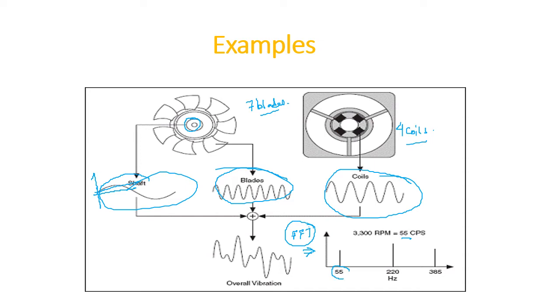So at 55 CPS we are getting one peak. This is 1x. Now this is 4x, we are getting another one, and this is I think 7x, another one. So this 1x is of the shaft, this is of the coil, and this is of the blades.